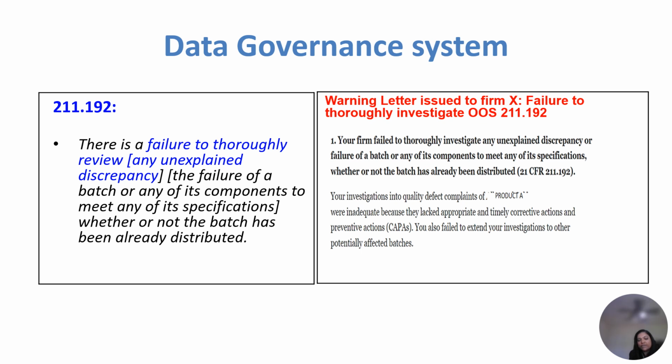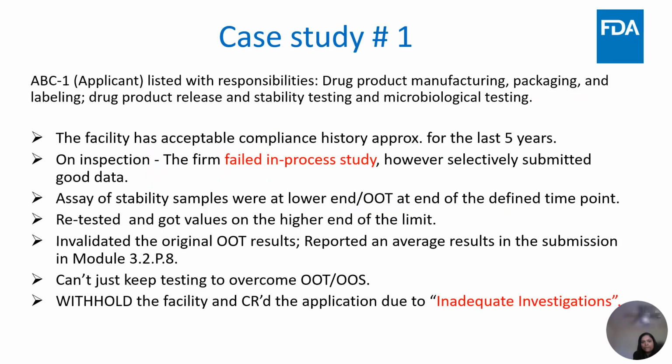Upon inspections, we have seen firm citations on 211.192, and they commit to perform adequate investigations and root cause analysis. Upon re-inspection, we found the same repeated observations, which is very commonly seen: there is a failure to thoroughly investigate, with inadequate investigations or root cause analysis, or OOS.